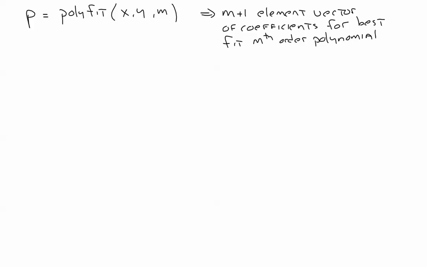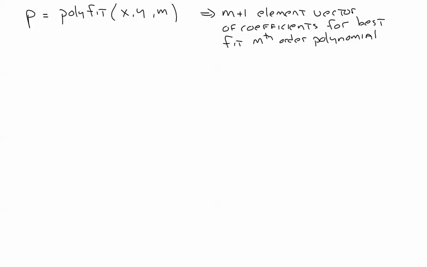The polyfit function gives back a vector P that has m plus 1 elements, and those elements are the coefficients for the best fit mth order polynomial curve.